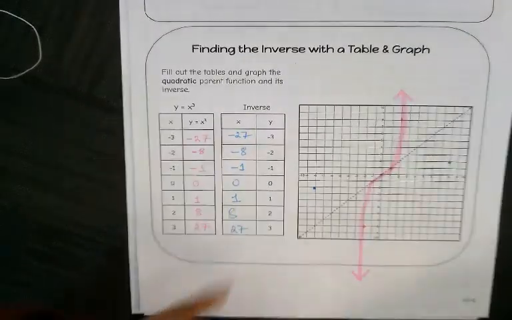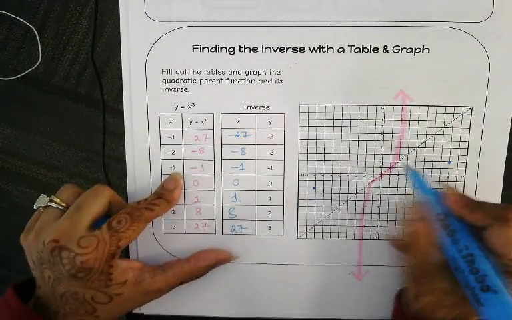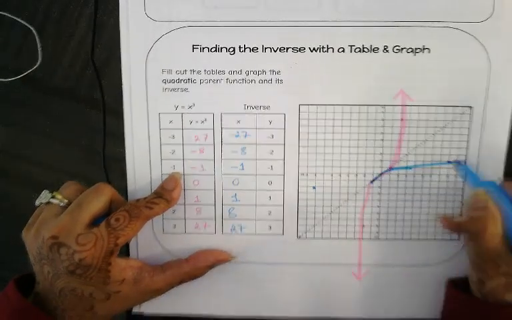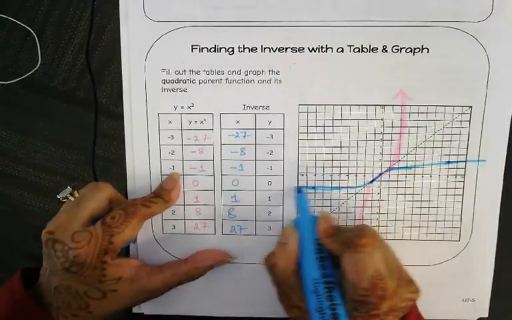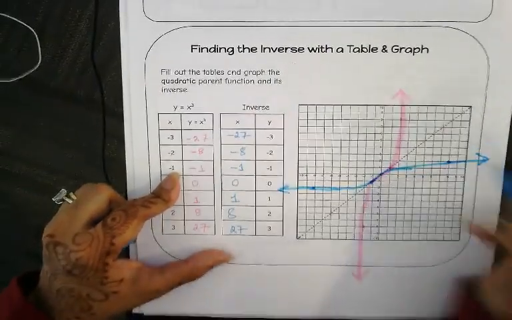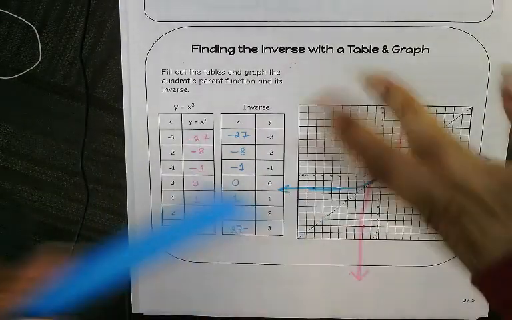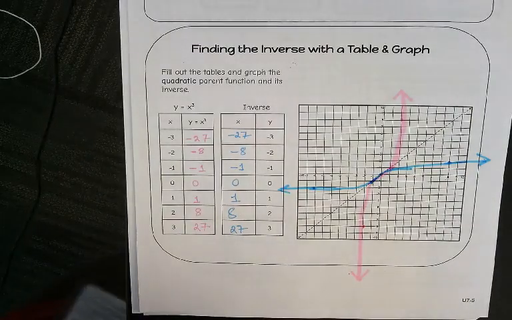So if we connect, it's going to look like something like that. So now you know the inverse, actually technically you are rotating it 180 degrees, and that's going to give you the inverse function. All right.